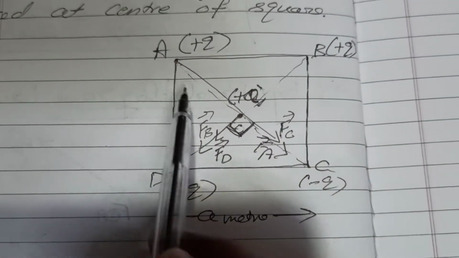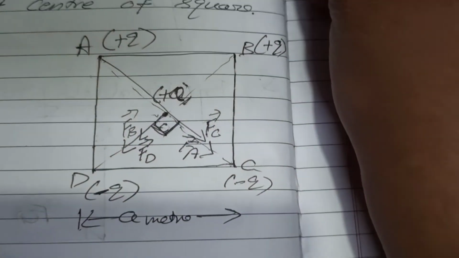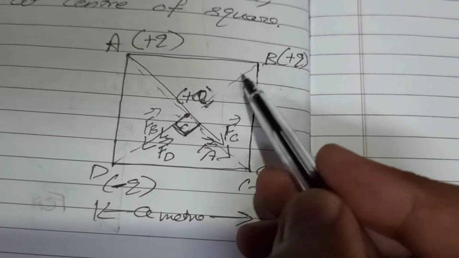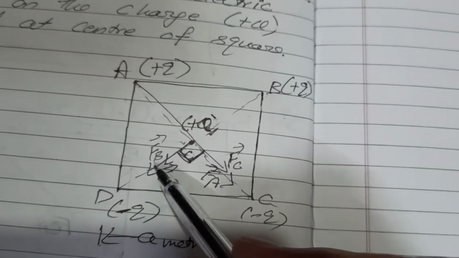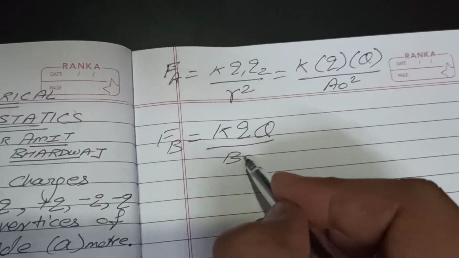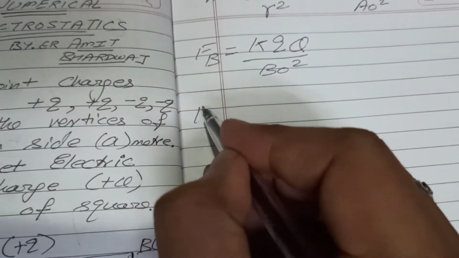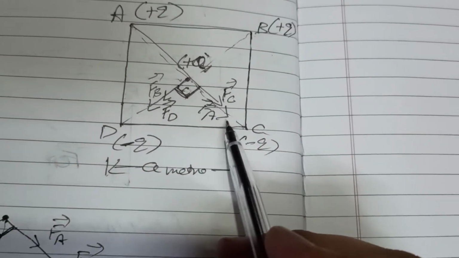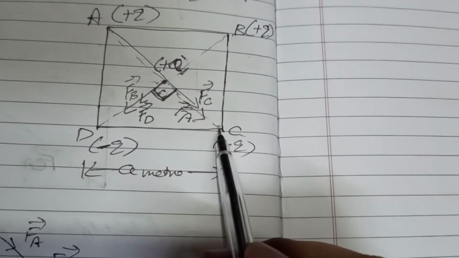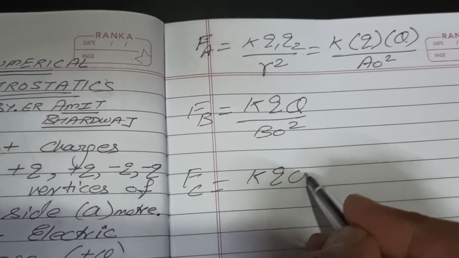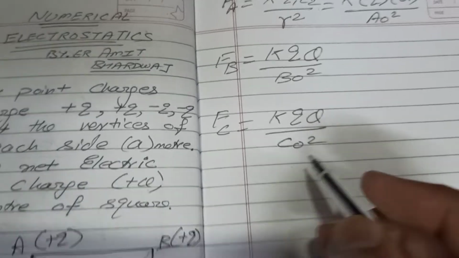Similarly FB is applied by B on the charge Q, so FB is K small q capital Q upon BO square. FC is the attractive force applied by C on O, so K q Q upon CO square.